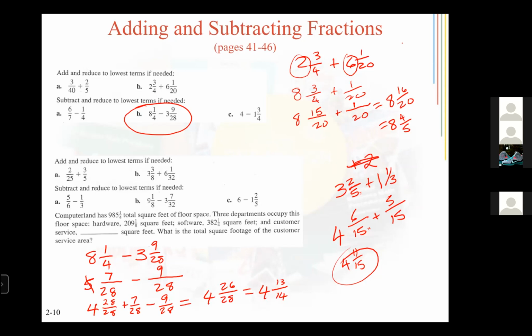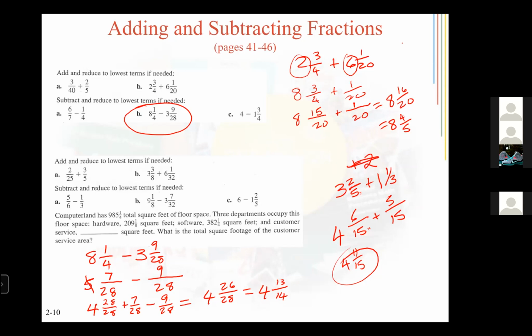So not every subtraction requires you to do that borrowing. It only happens when you have to subtract a larger numerator from a smaller one, then you could borrow from the whole number. But whenever you borrow from the whole number, you have to change it using the same base as the other fractions you're dealing with.